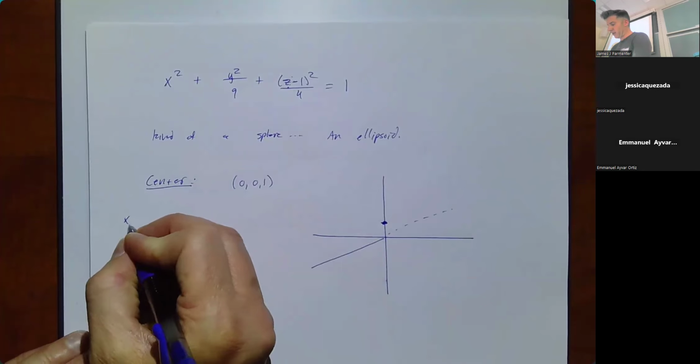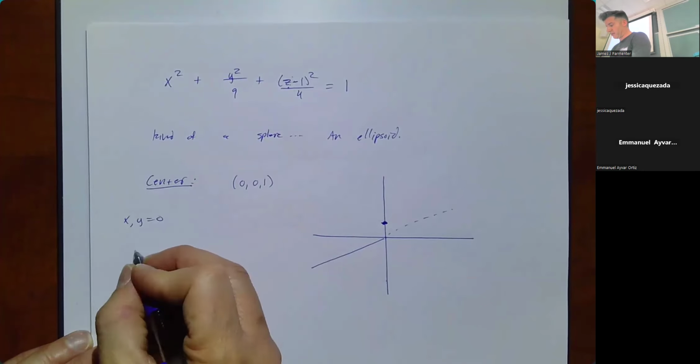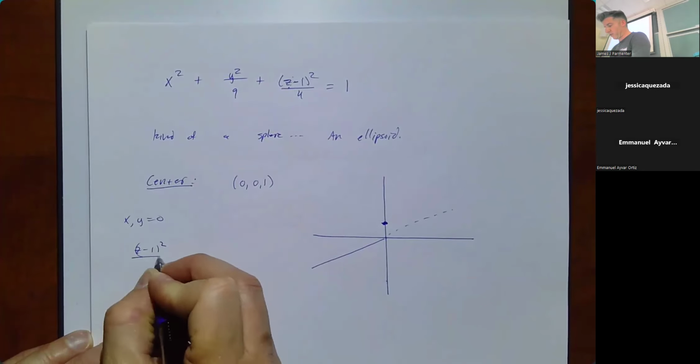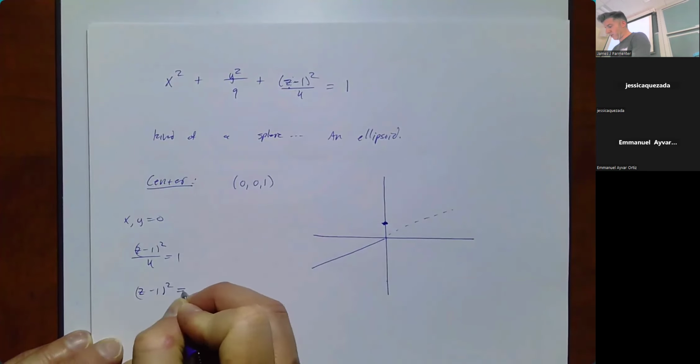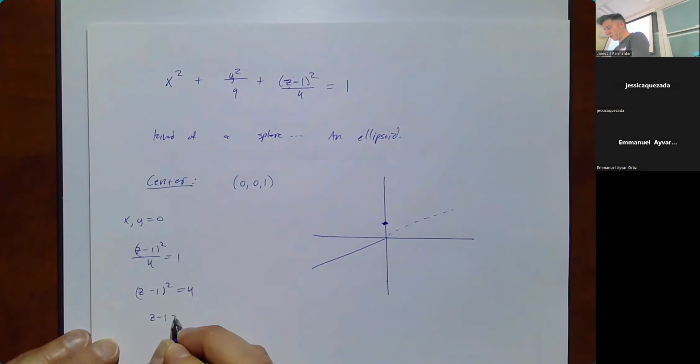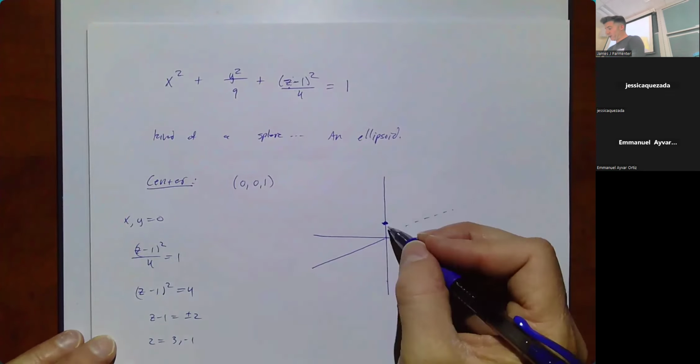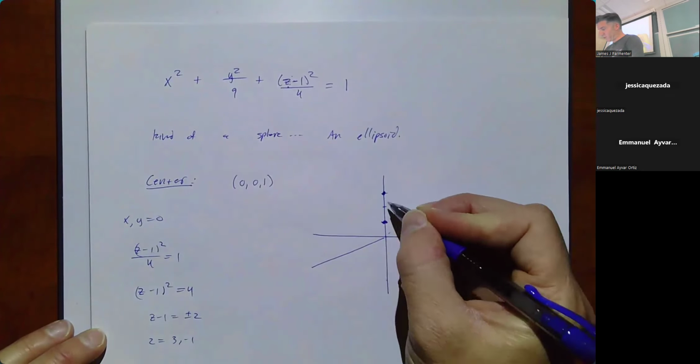If I set x and y equal to 0, I have z minus 1 squared over 4 equal to 1, so z minus 1 squared equals 4, and z minus 1 equals plus or minus 2. So z is equal to 1 plus or minus 2, so that's 3 or -1. So basically, from the center, I can go up 2 or down 2.